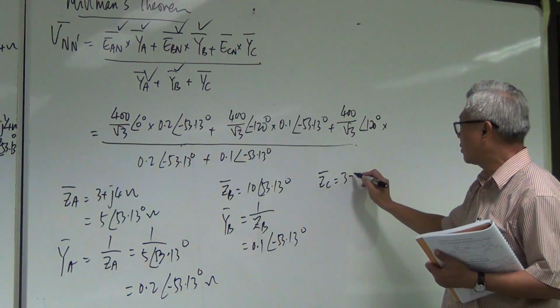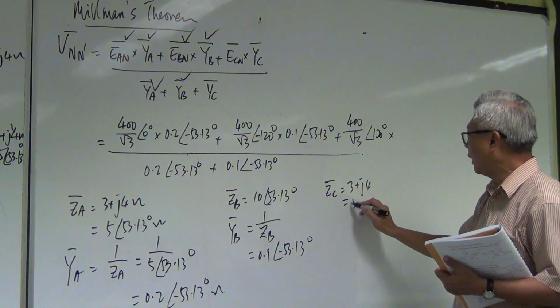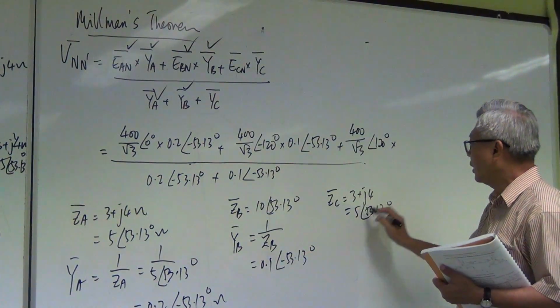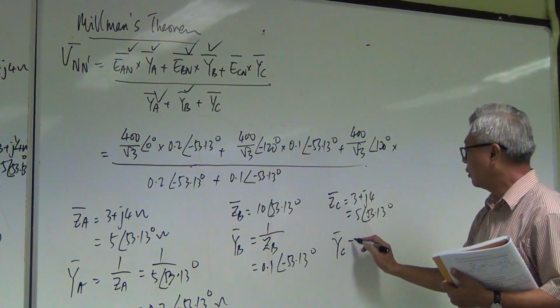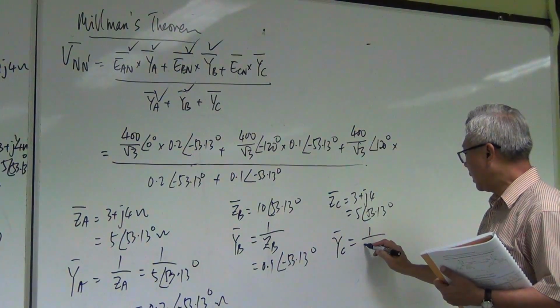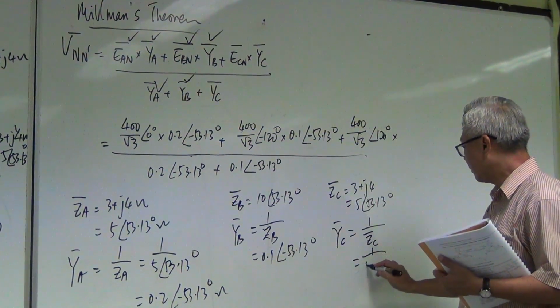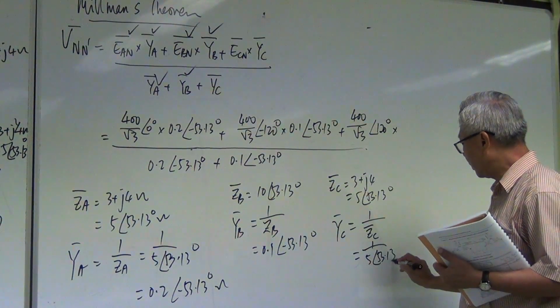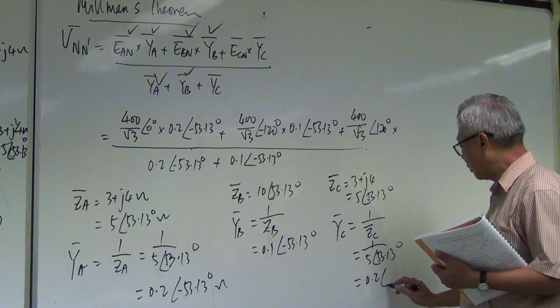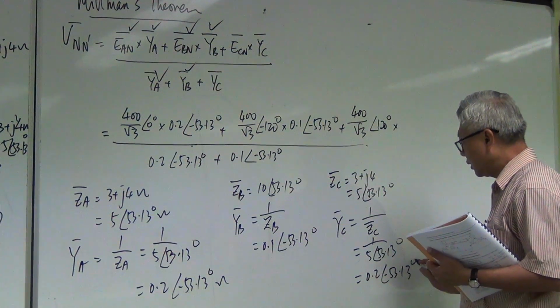So my admittance is 1 over ZC, which gives you 0.2∠-53.13 degree.